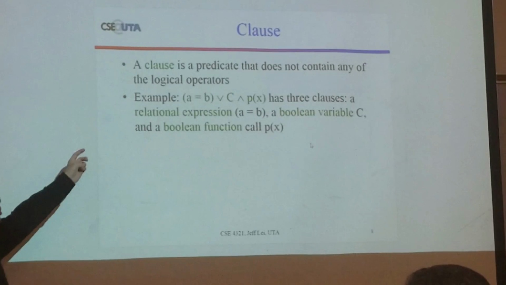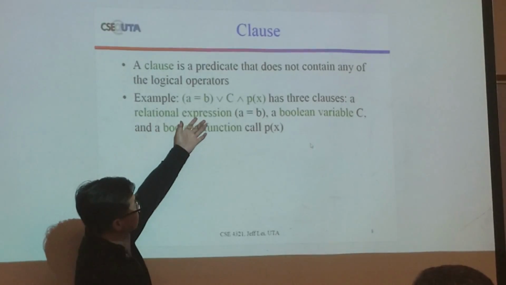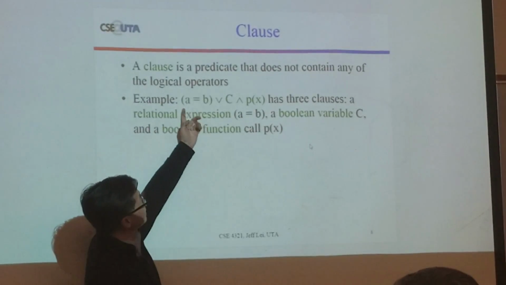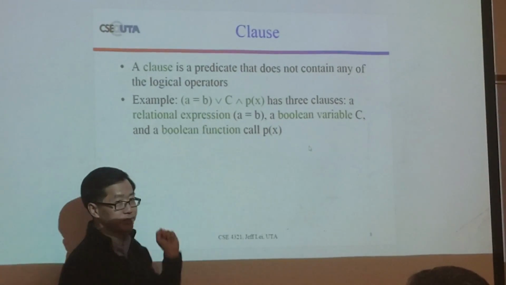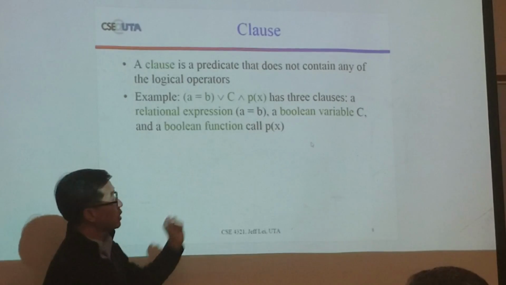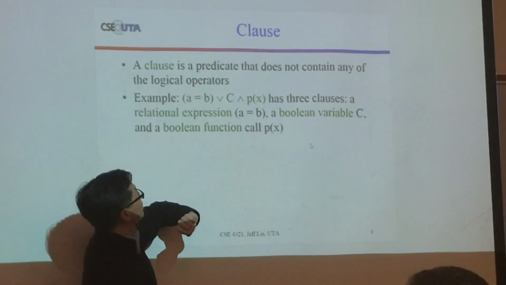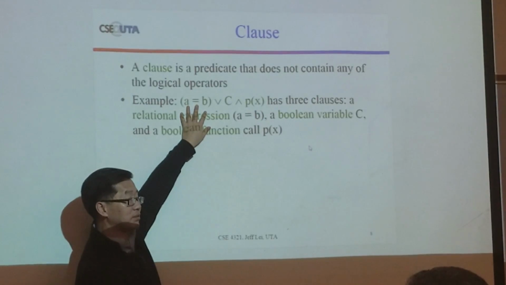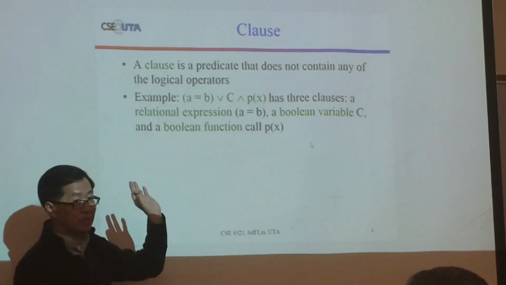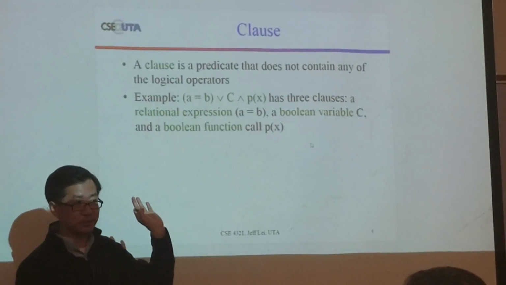So look at this example. This is a predicate, and you have logical operators, or and and. But this is a relational expression, and this is a clause, right? That does not contain any logical operator.